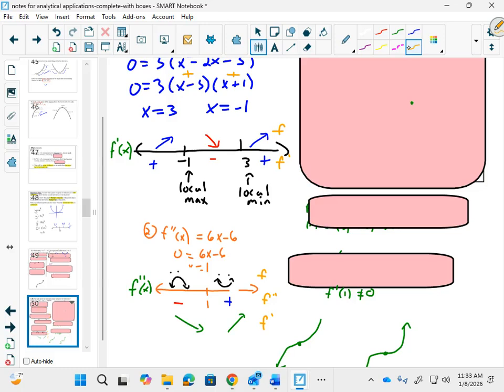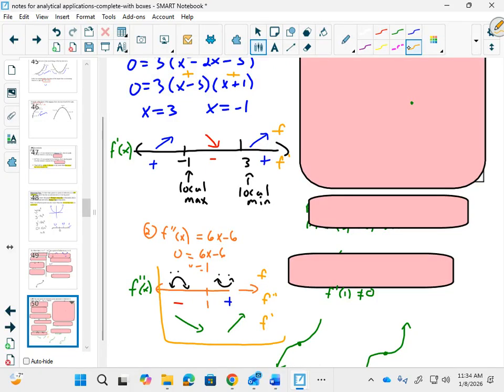So here, what's one level up from F double prime is F prime. So F prime is decreasing, then increasing. What's two levels up from F double prime is F. Two levels up will tell you concave up, concave down.